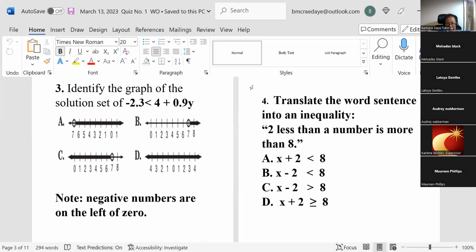Translate the word sentence into an inequality. 2 less than a number is more than 8. Okay, got it. Thank you.